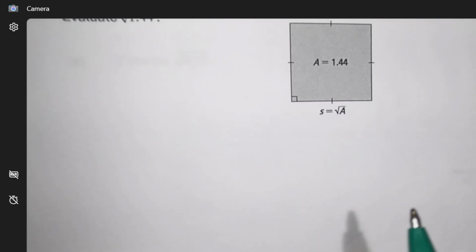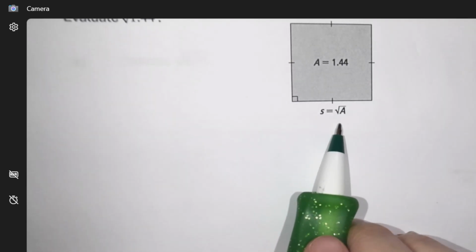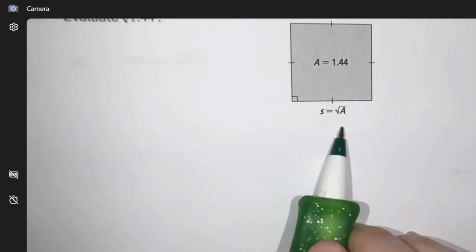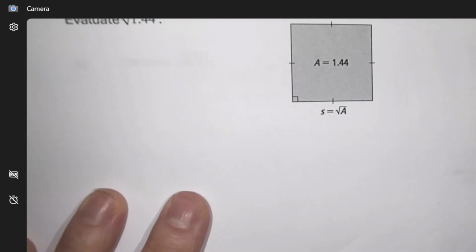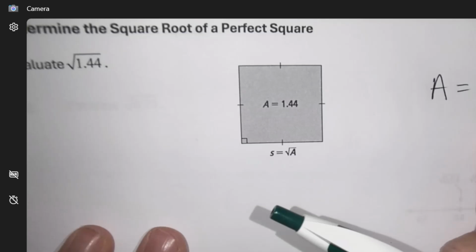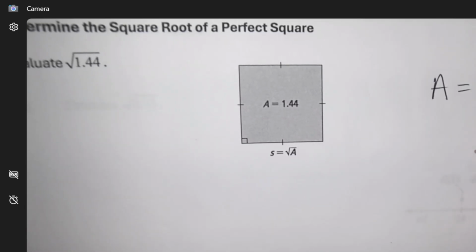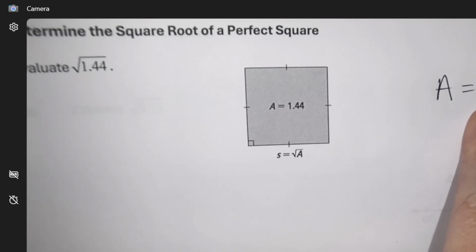Okay. The area is 1.44, and I want to know the side length. So if the area is equal to side squared, what is S equal to? How do you get S alone? How do you get rid of the other stuff with S? I don't want this squared here because I just want the side.